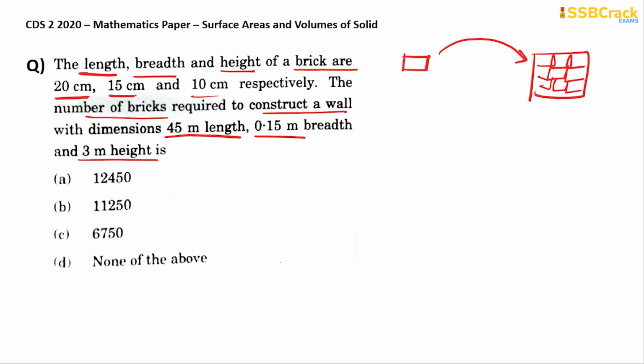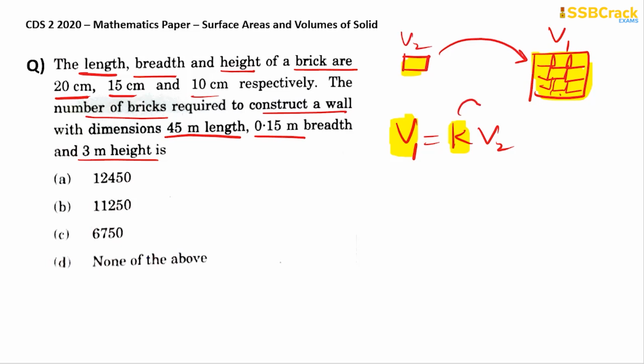You know that for such problems the formula goes V1 is equal to K times V2, where K is the number we require in the question. Here K is the number of bricks. So what is V1? V1 is the volume of the wall that we are constructing with the help of bricks, and V2 is the volume of each brick.